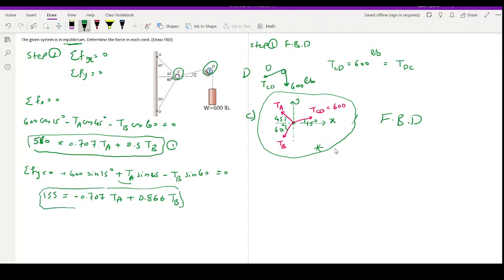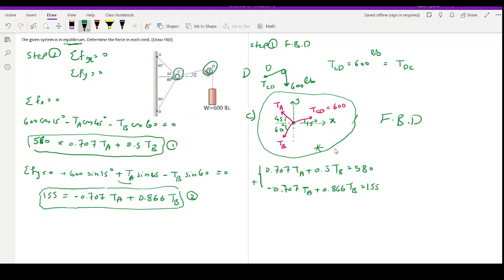You can see I have two equations and two unknowns. You can use any method from mathematics to solve this problem. The very simple one: if you add these two equations to each other, I'm going to write them underneath each other again. So 0.707 TA plus 0.5 TB is 580. The second equation is negative 0.707 TA plus 0.866 TB is equal to 155.